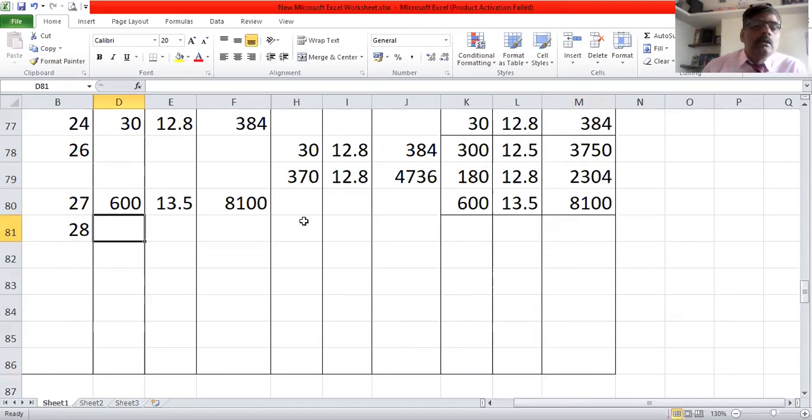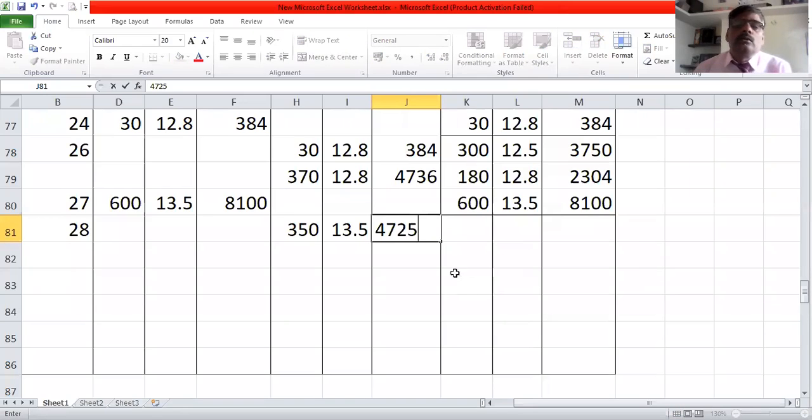Then issue is 350. 350 from the last lot. 350 at the rate of 13.5. You multiply 13.5 into 350.